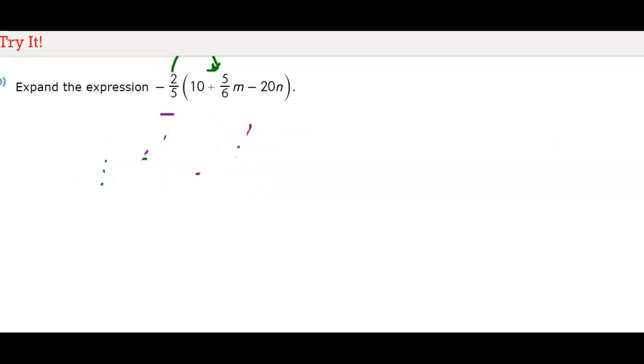So then we're going to have negative 4, and then we're going to multiply negative 2/5 times 5/6 times m. Let's work that out. We have negative 2/5 times 5/6, and then we can multiply across or simplify first.